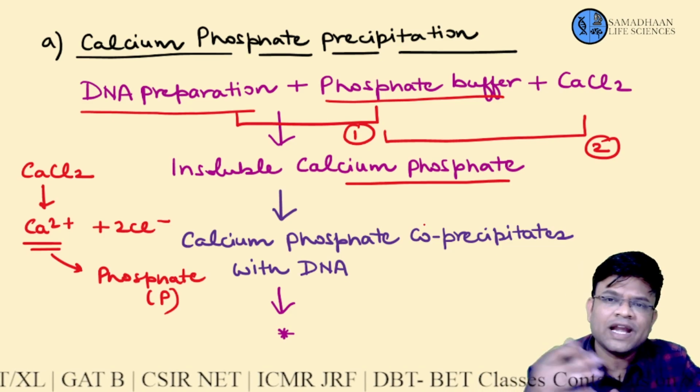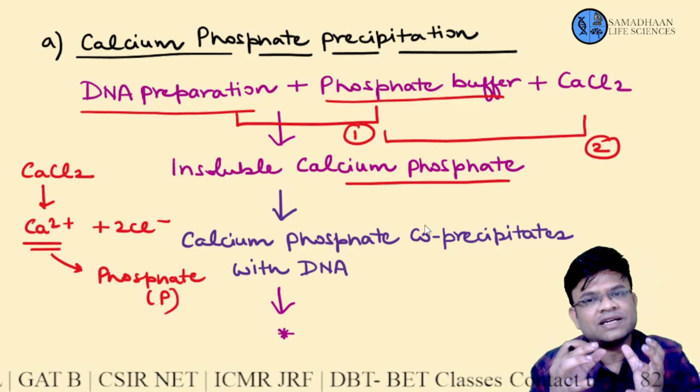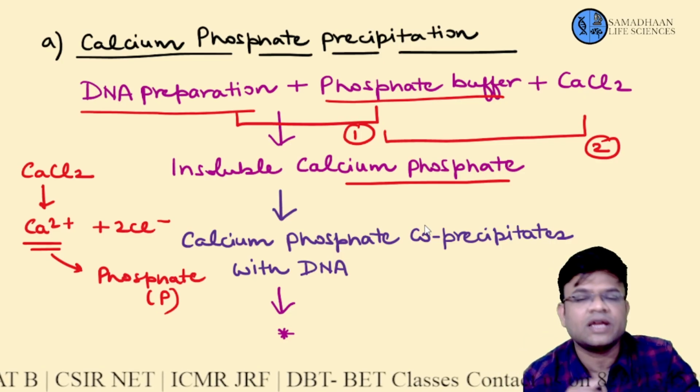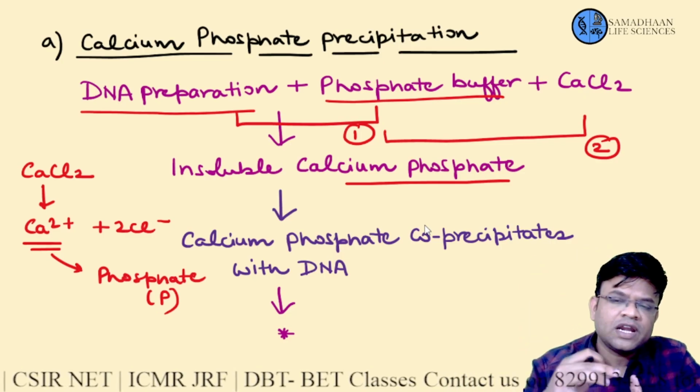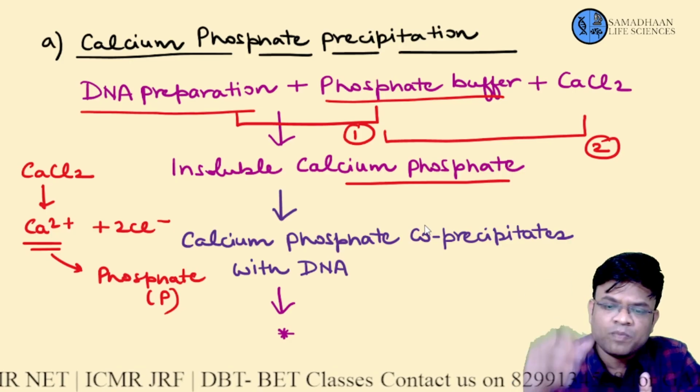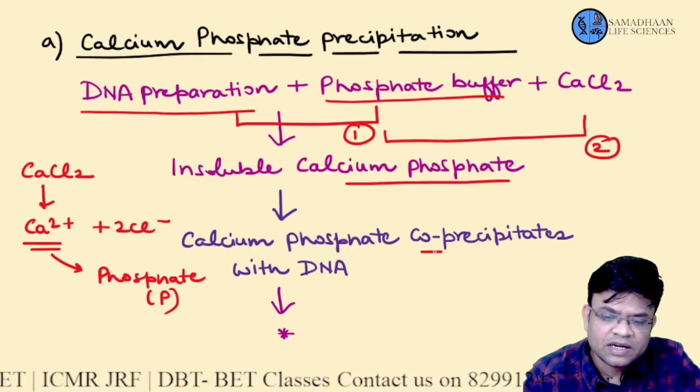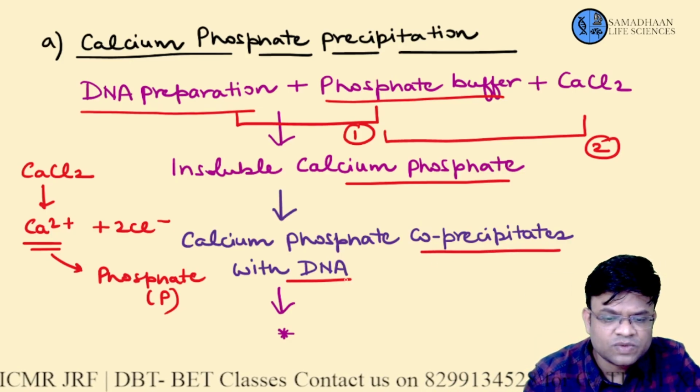Why will it be insoluble? Because its density would be higher than the surrounding liquid. So what will happen? It will try to co-precipitate with the DNA. It co-precipitates with the DNA.